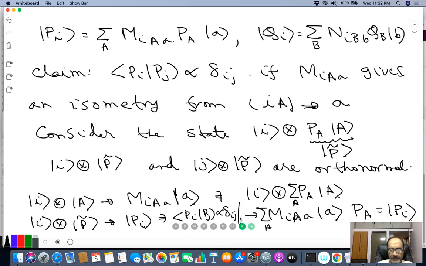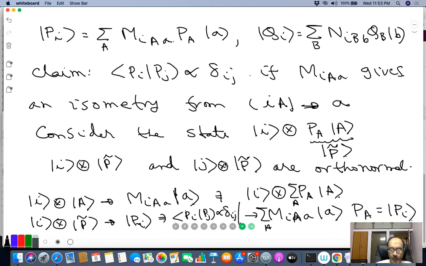Is this logic clear? Let me explain again. We assume that M is an isometry from the indices small i and capital A to the index small a. Then just by the definition, I times P tilde gets mapped to the state Pi in the boundary, and similarly J times P tilde gets mapped to the state Pj.